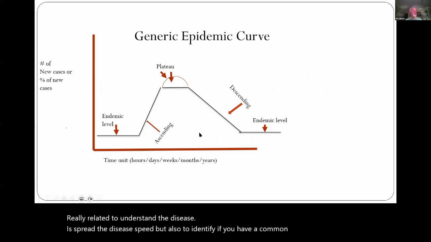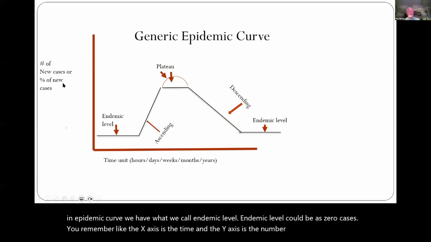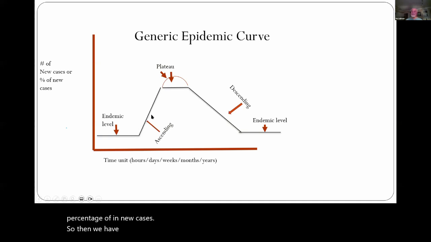So in an epidemic curve, we have what we call the endemic level. Endemic level could be 0 cases. You remember, the x-axis is the time and the y-axis is the number of new cases or the percentage of new cases. Then we have what we call the ascending.